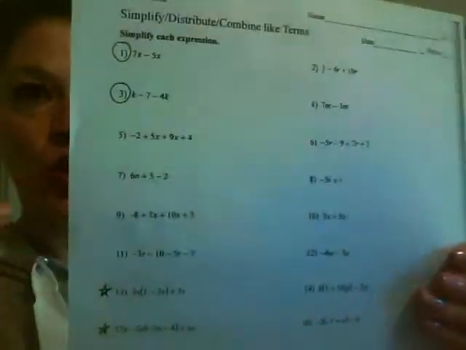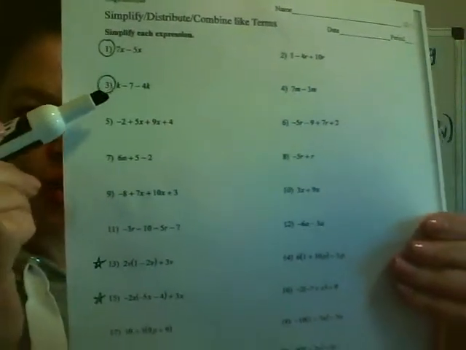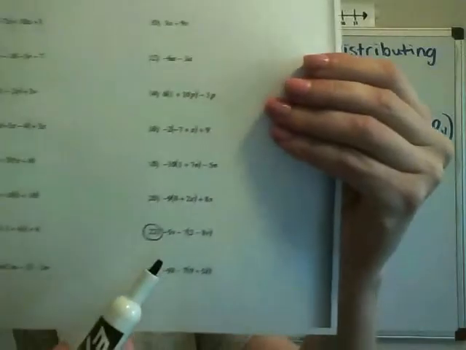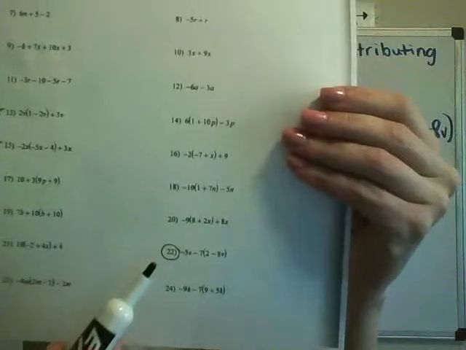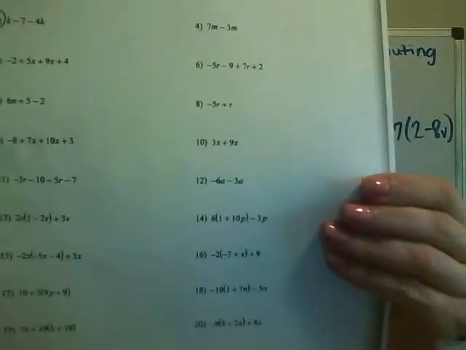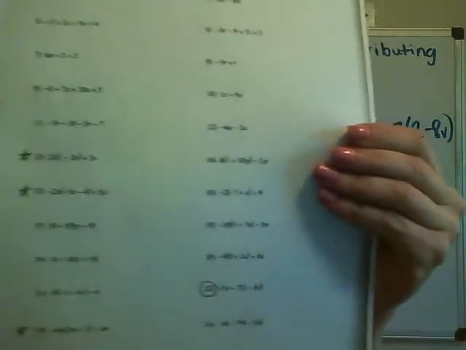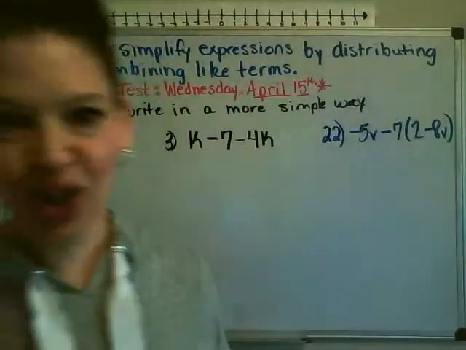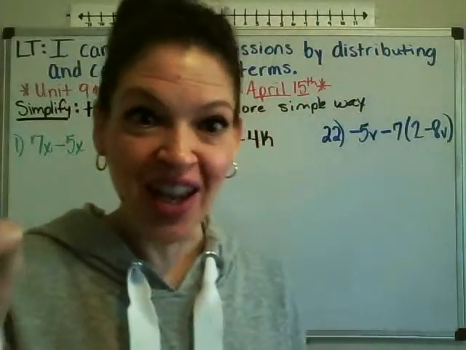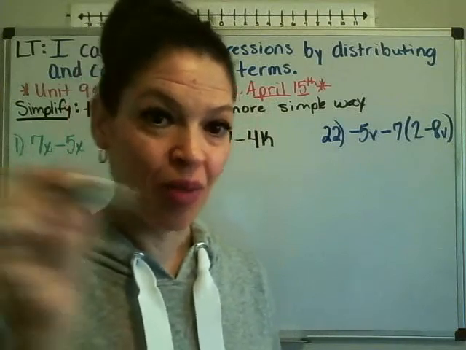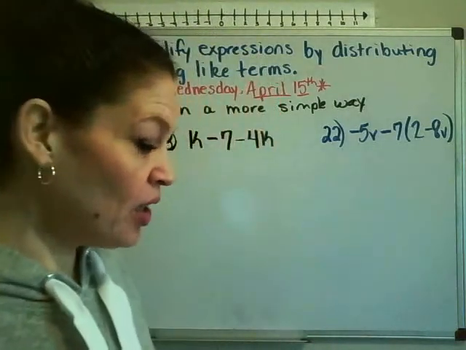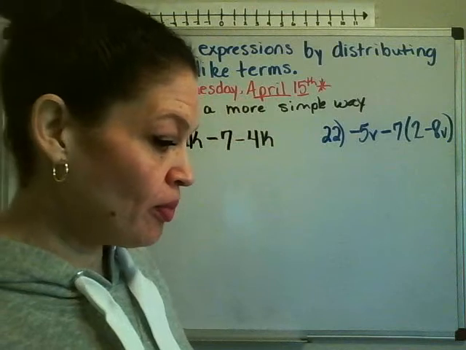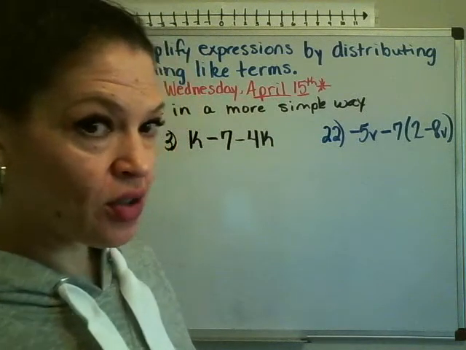You can see that we're going to work on numbers 1, 3, and 22, and then 13 and 15 and 23. Those are tricky ones. If you get those right on tomorrow's answers, you're the bomb. All right, so what do you say we go ahead and get started?